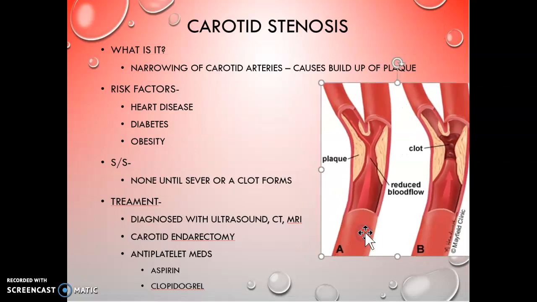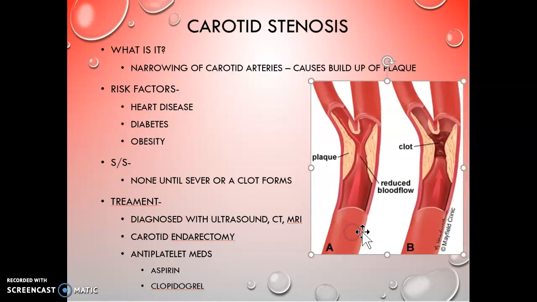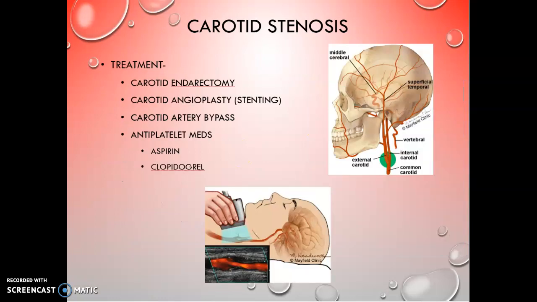And they go around this clot with a vessel, and put it here. So basically it's like making a road. And then this vessel can close off and it won't hurt anything because this blood flow is going up here. So those are our main treatments for carotid stenosis.